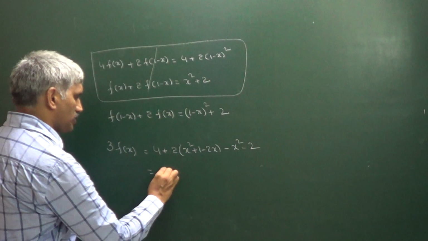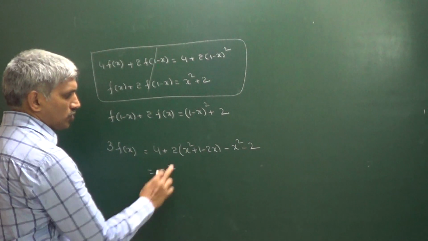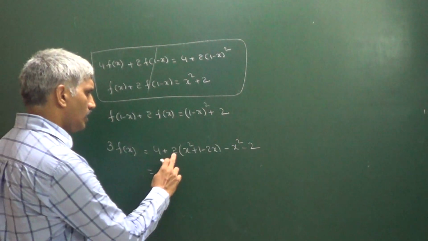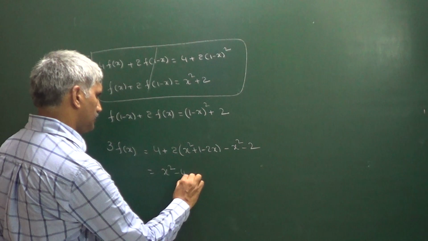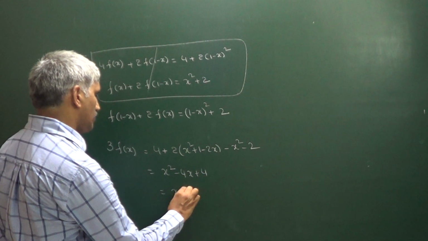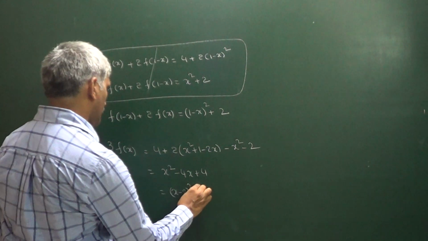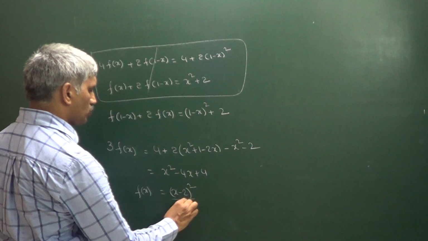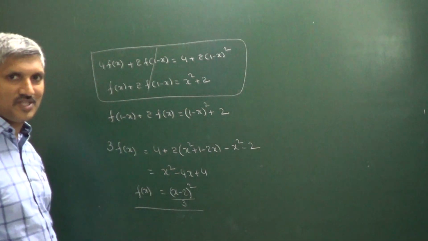So that simplification is x square, because 2x square minus x square, you will get x square minus 4x plus 4. So that is nothing but x minus 2 whole square. Therefore we are getting f of x is equal to x minus 2 whole square divided by 3.